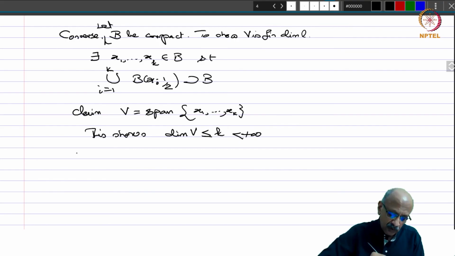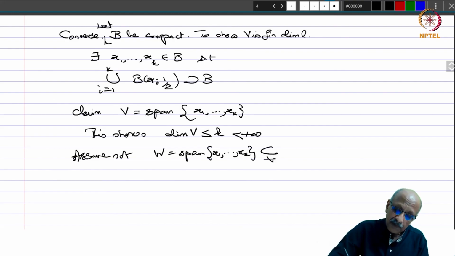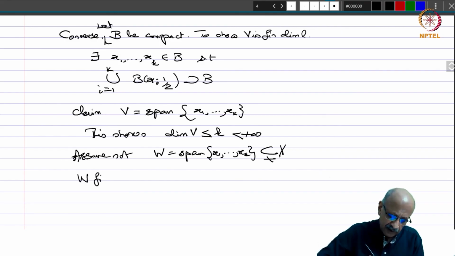So let us assume not. Assume not. So W equals span of x1 to xk is a proper subspace of V. So W is finite dimensional.